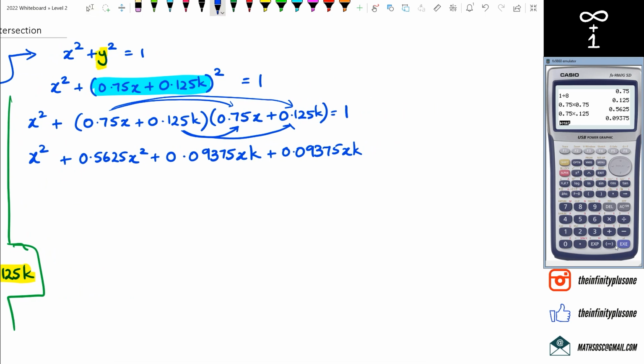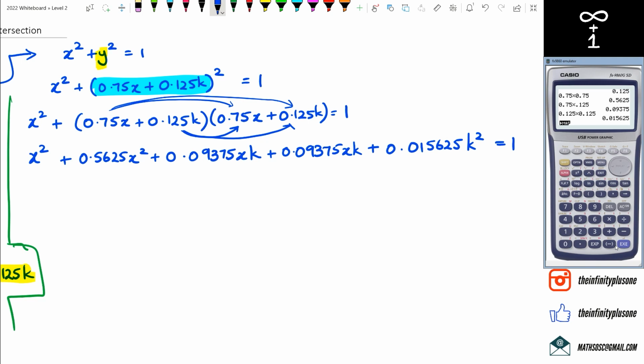So the last one was 0.125 times 0.125, which gives us that ugly number, 0.015625 k squared. And now I'm thinking this might have been better with fractions, but it's alright, it doesn't really matter. We're going to leave this like this.